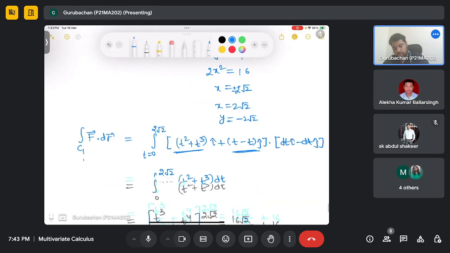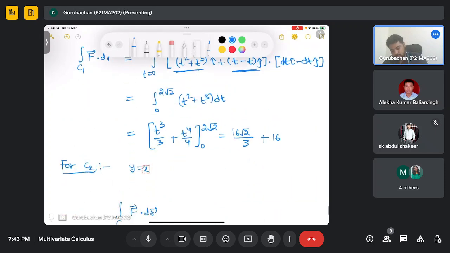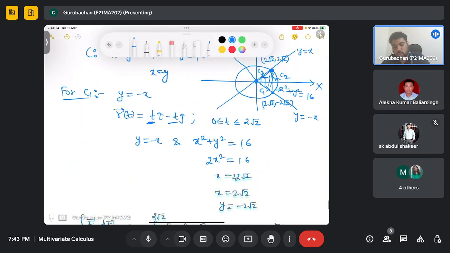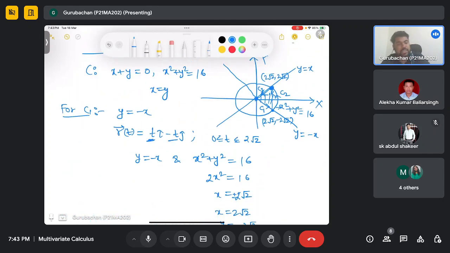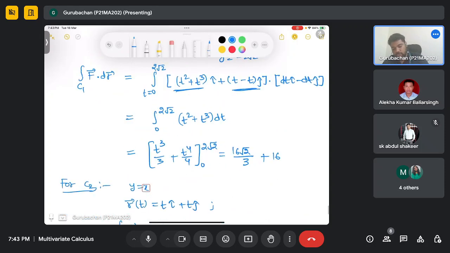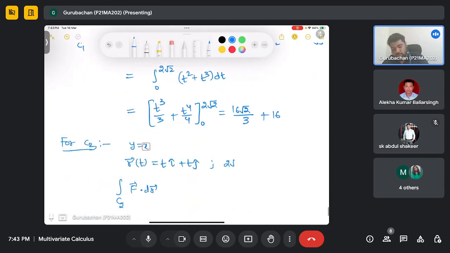So for this, r of t will be t i cap plus t j cap. But this t will go from 2 under root 2 to 0. This is the direction.